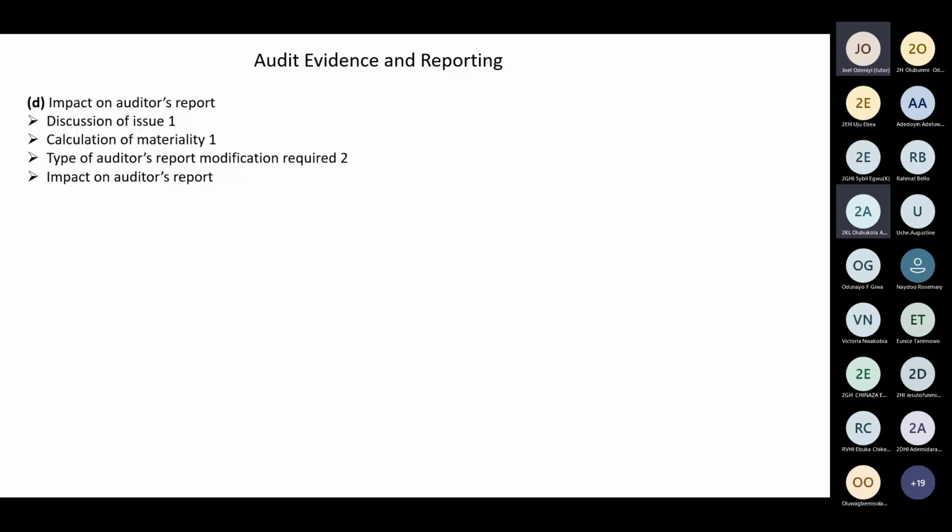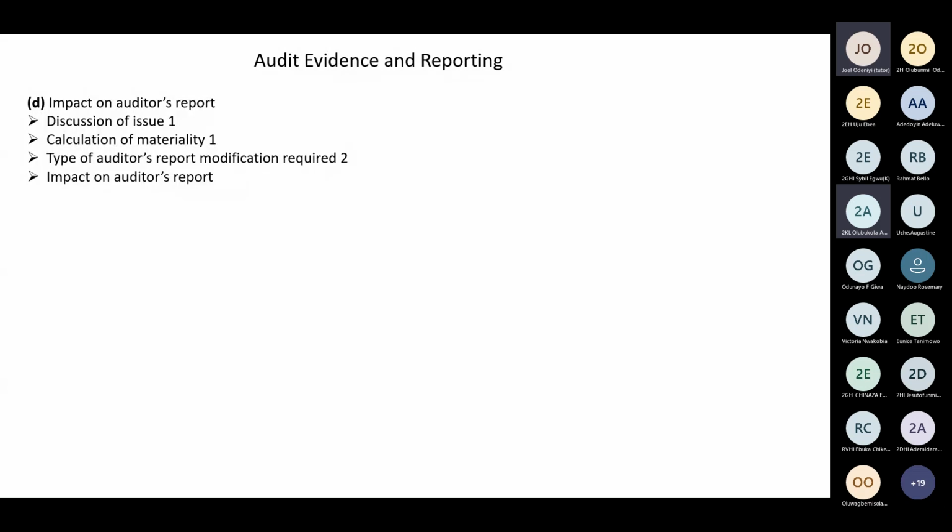So your question is, if there is a material misstatement in opening balances, or if the auditor is not able to obtain sufficient appropriate audit evidence over opening balances, what will be the impact on the auditor's report? The answer is, it depends on whether or not that matter is material and pervasive, or material but not pervasive.